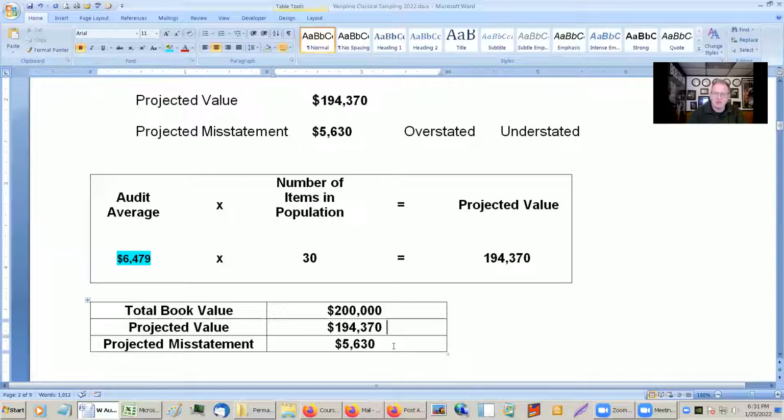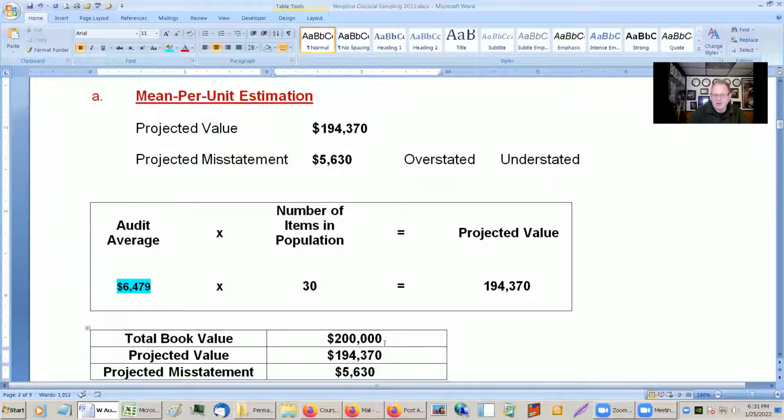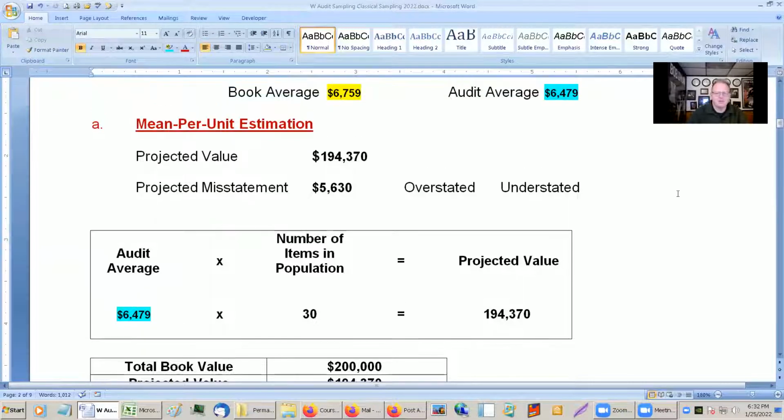We did our work, and according to this method it's closer to 194,000, and the difference is a little more than 5,000. This is the misstatement. Are their books overstated or understated?